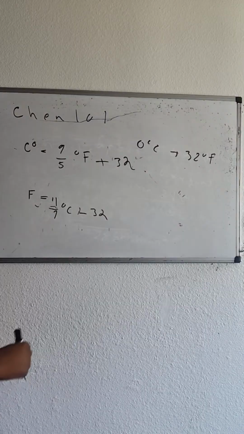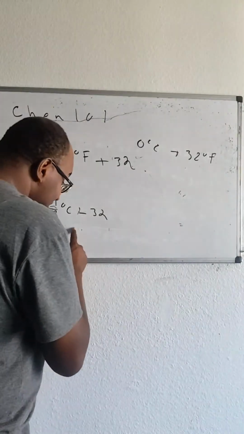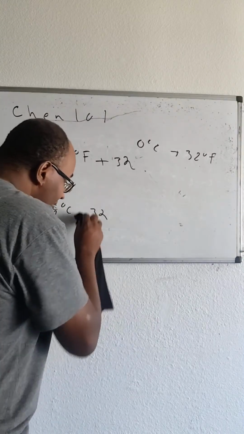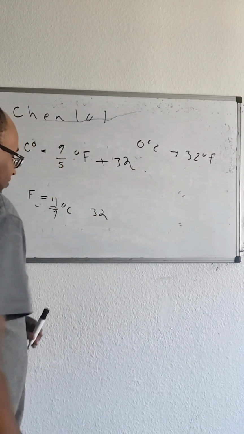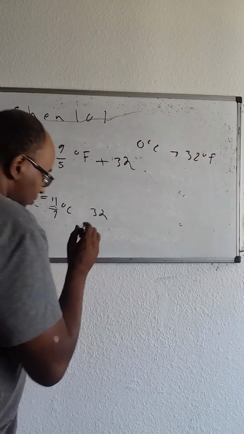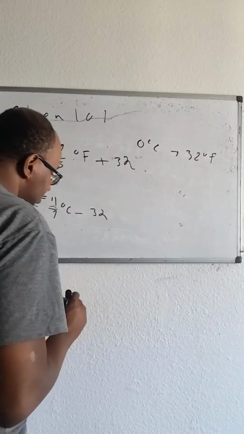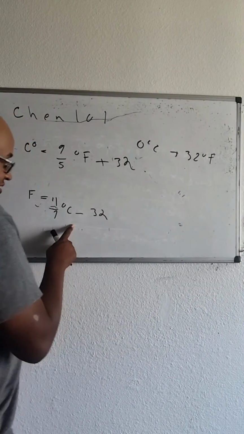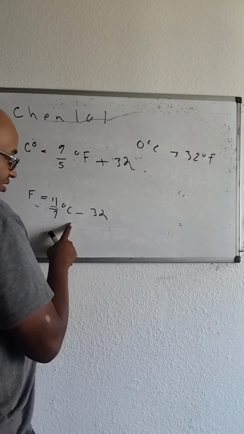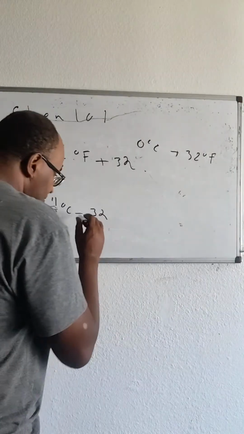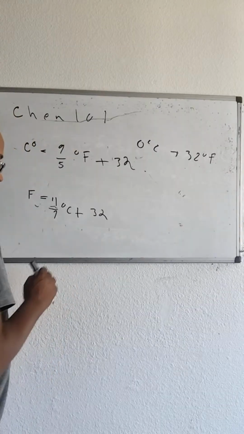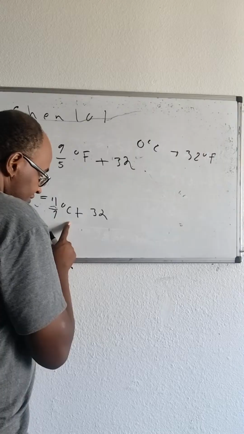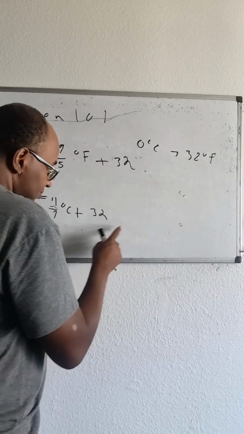Now I'm going to Fahrenheit, so we're going to subtract. If I put 0 degrees Celsius here, that'll be negative 32. So we've got to be careful. They make that a plus. If I put 0 degrees here, that'll be plus 32.